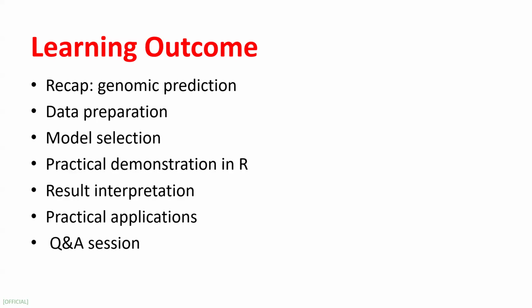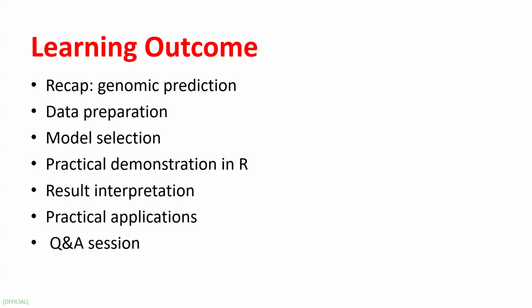Today, we'll remember what we discussed last time as to genome prediction, genomic selection, how it's being used, and all that. And then we'll look at how the data are being prepared. How do you select a model?